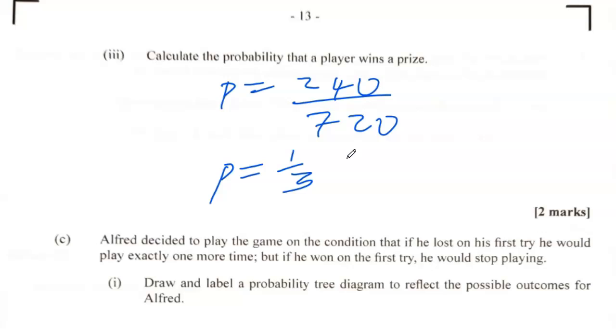Part C. Alfred decided to play the game on the condition that if he lost on his first try, he would play exactly 1 more time. But if he won on the first try, he would stop playing. Draw a probability tree diagram to reflect the possible outcomes for Alfred.